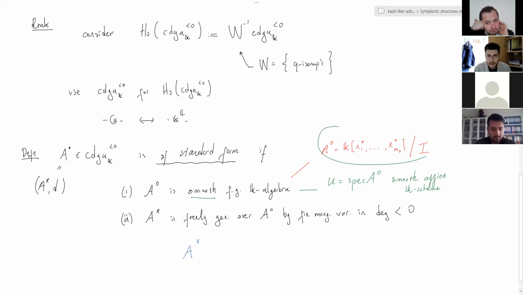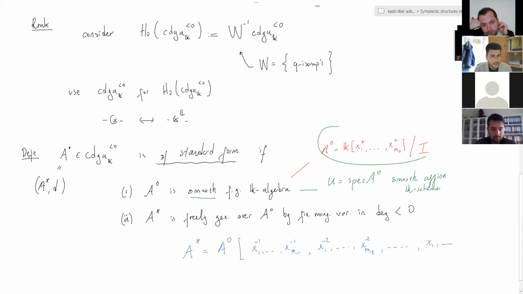A star is a kind of a ring over A0, and we have many variables, but finitely many in each degree. For instance, this one goes to m-1. This is, let's say, the -1 degree. And there are variables in degree -2. Let me use this notation, and -2, -2, and goes like this.